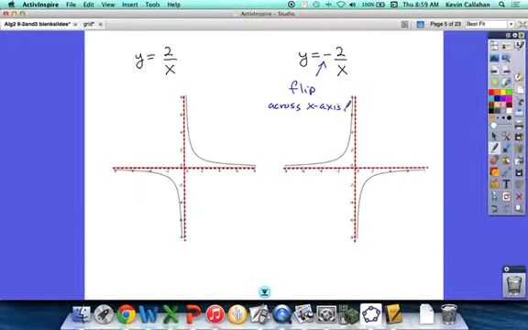So instead of the graph being in quadrant 1 and 3, now it's in quadrants 2 and 4. So if there's a minus sign, draw each branch in the opposite quadrants, here and here. So that's what it did to the other functions, is what it does here. Put a minus in front, flip across the x-axis.